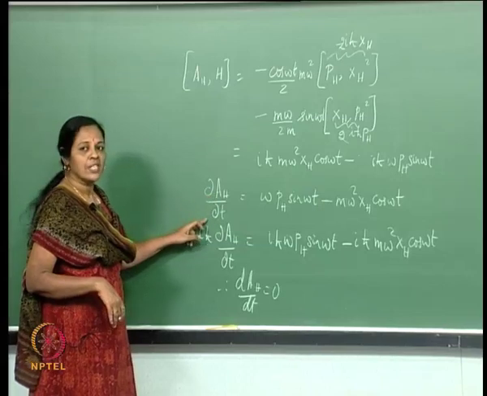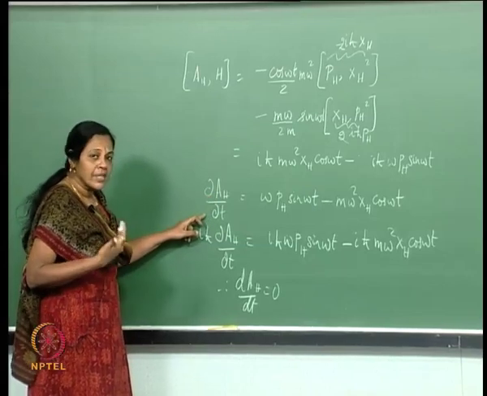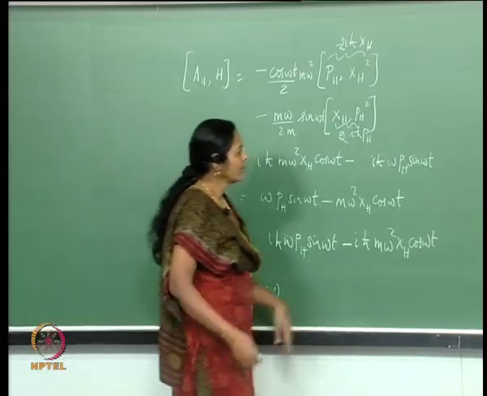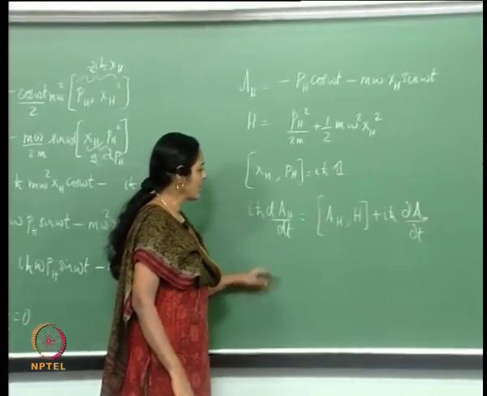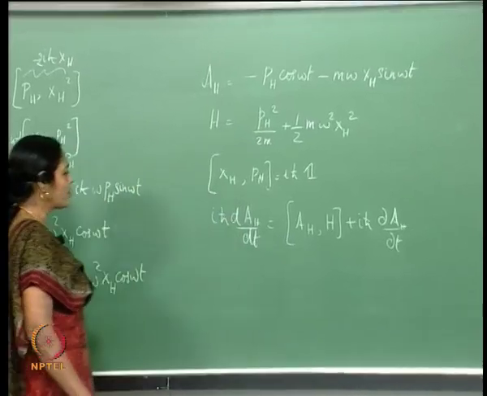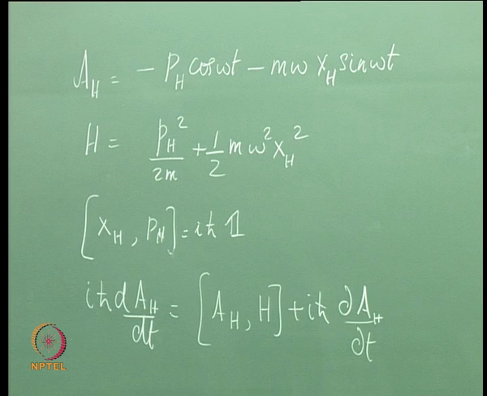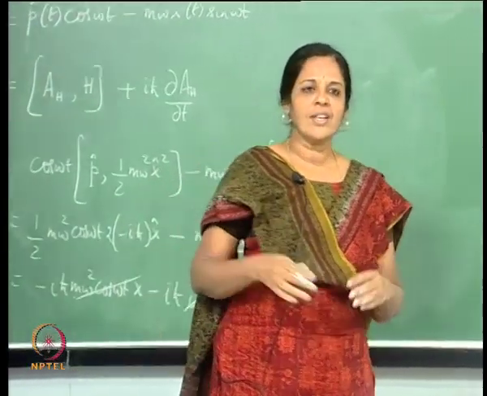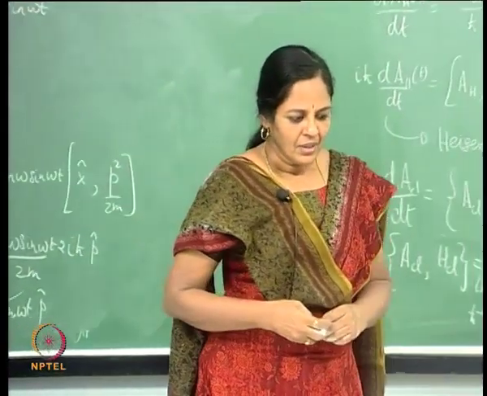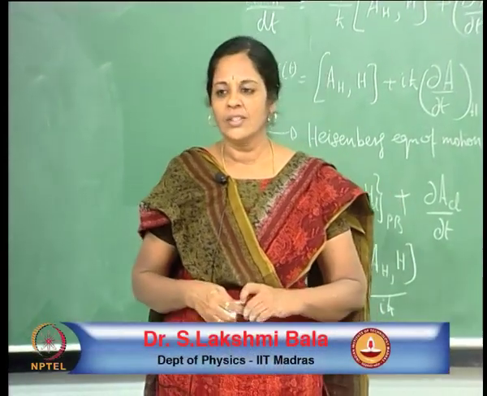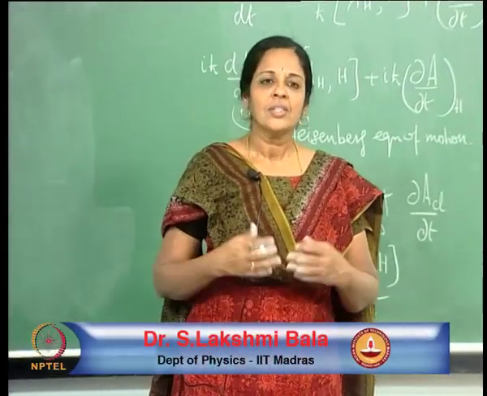There is an explicit time dependence and that makes a non-zero contribution, but between the two of them the total change dAH by dt is 0. So much for the Heisenberg picture. I have given an example, and in the subsequent lectures we will take up dynamics more intensely and look at the various ramifications of time evolution.